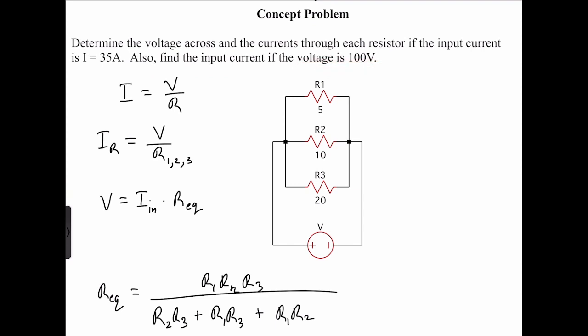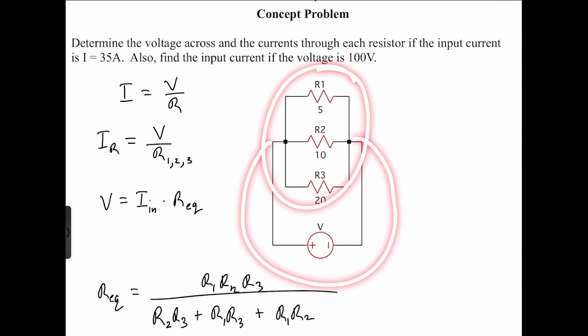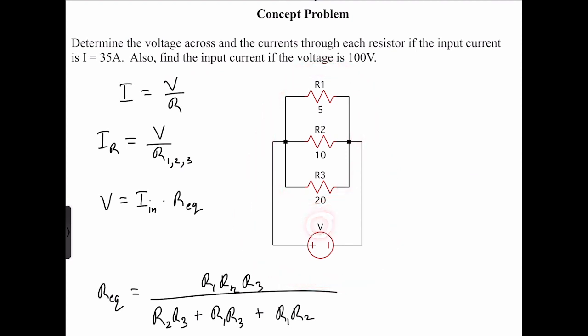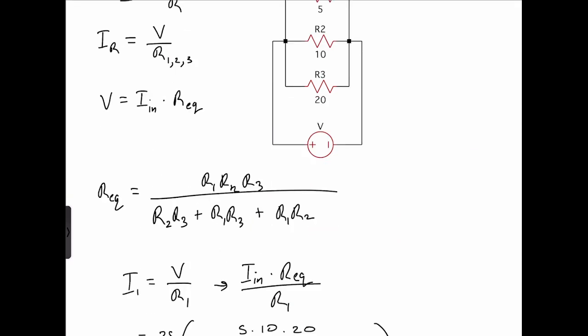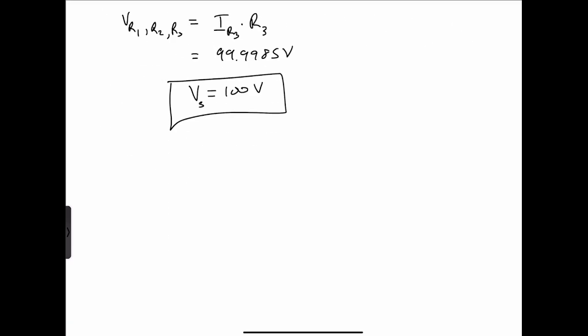And because we found the voltage across each resistor to be 100 volts, and we know that each resistor connected in parallel across a voltage source V sees the same voltage as the voltage source V, we can deduce that the input current is equal to 35 amperes when the source voltage is equal to 100 volts.